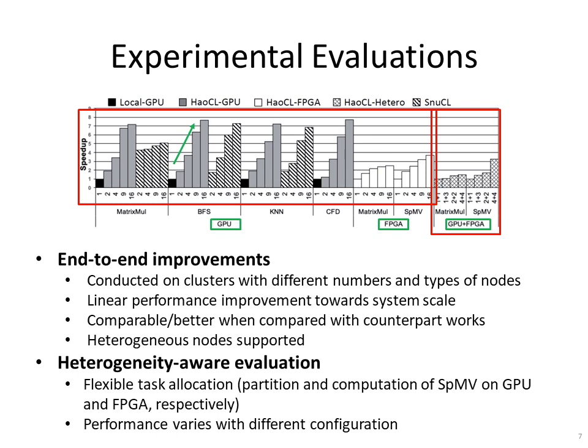The matrix multiplication kernels on different devices are kept the same, while the data partition of the SPMV is allocated on the GPU nodes, and the computation is performed on the FPGA nodes. We can observe the performance improvement when the system scales, and the performance also varies with the different system configurations.